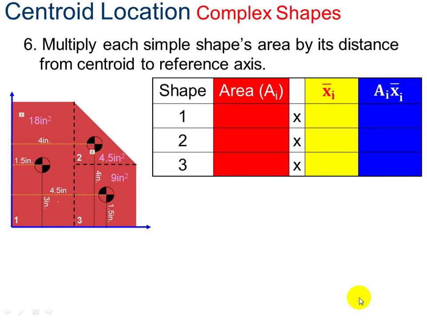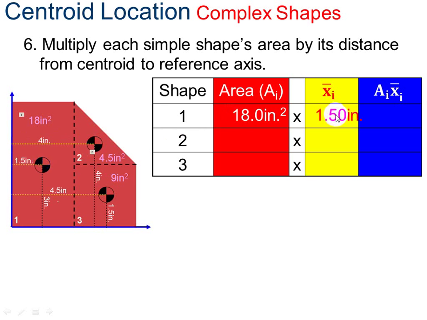Now, for our formula, we want to take each simple shape's area, which we have already calculated, and we want to multiply it by the distance from the reference axis to the centroid. So the area of shape number 1 was 18 inches squared. The distance in the x direction from the reference axis to the centroid is 1.5.